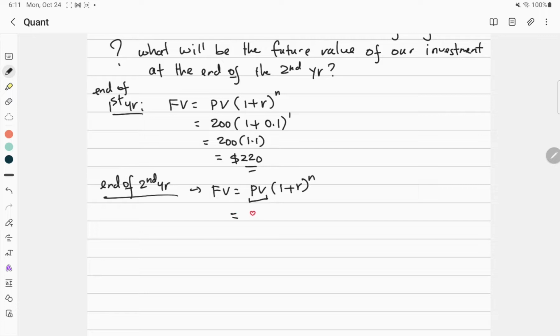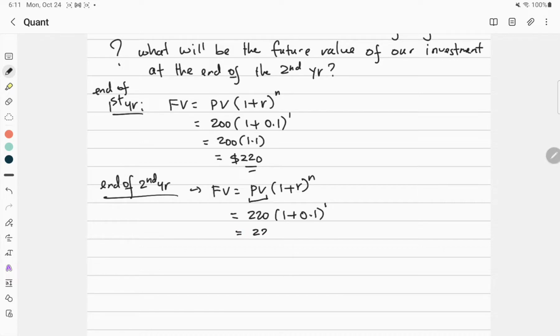The discount rate is still 0.1, compounded yearly, and raised to 1, because the second year is still a year long, right? So n is going to be 1.